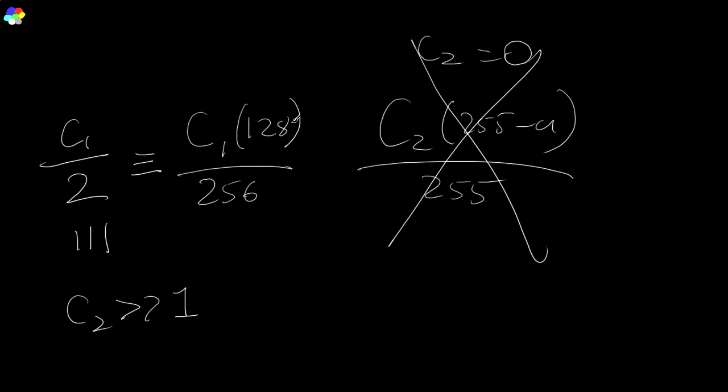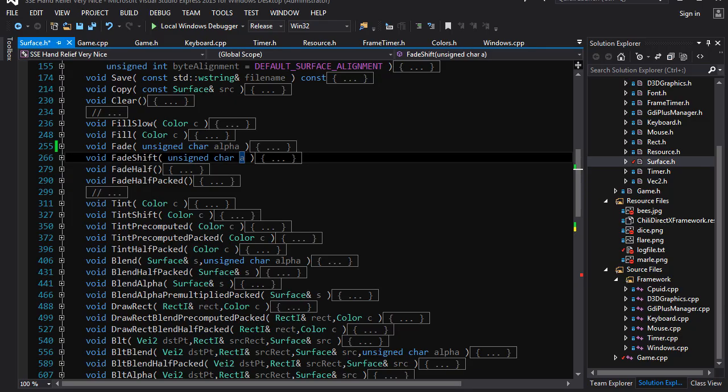So instead of doing the whole circus where you multiply by alpha and then divide by 256, you can just directly divide by 2 and save yourself a whole lot of hassle. You can save yourself a multiply, right? Multiplication is a non-trivial operation, not as slow as division, but it's still slow.